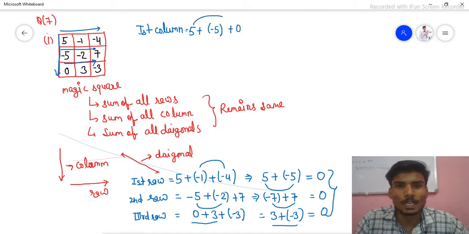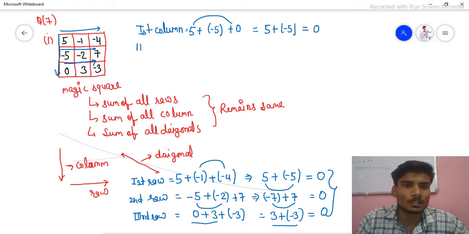So 5 plus 0 is 5, and minus 5, that will be 0. Then the second column: minus 1 plus minus 2 plus 3.